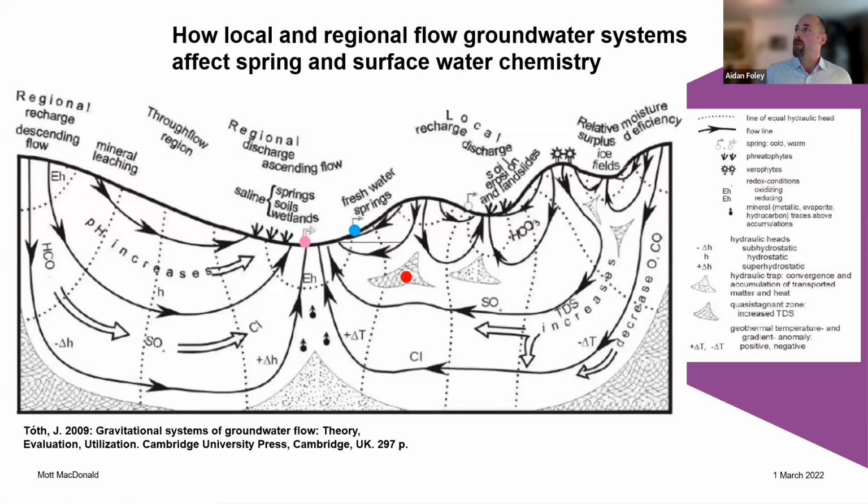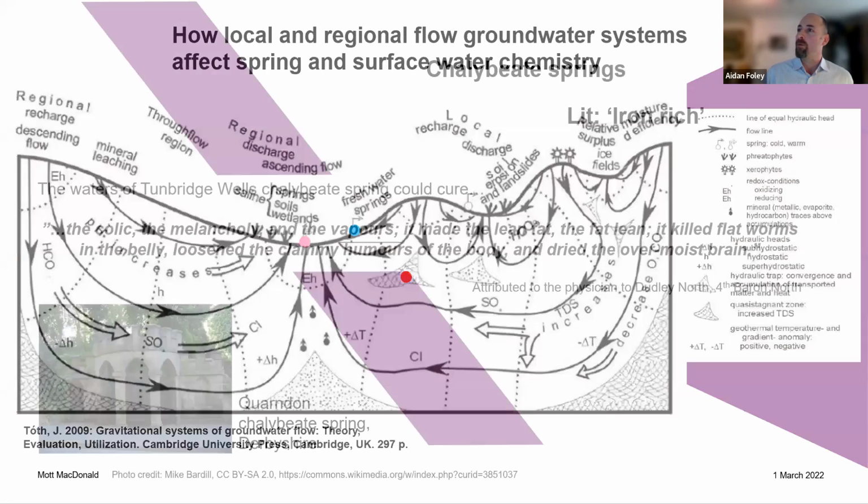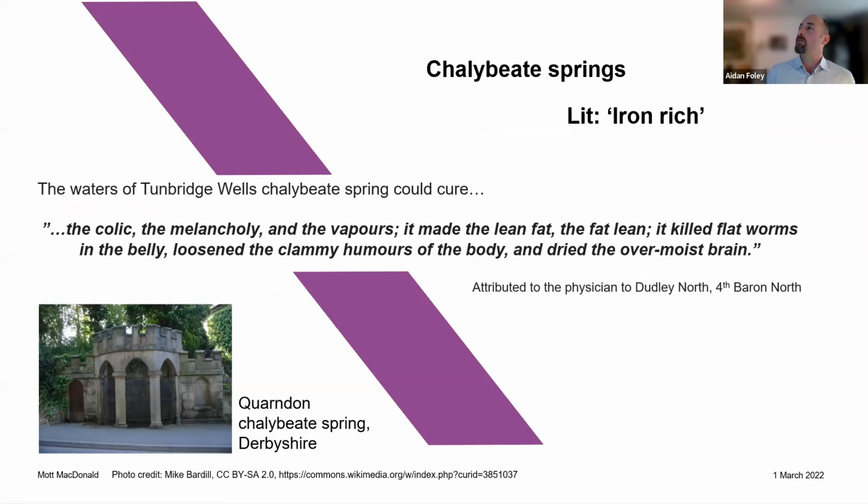I mentioned in the abstracts of the talk these chalybeate springs, and I've managed to find one of the funniest quotes about chalybeate springs, which is that these waters can cure you of the colic, the melancholy, and the vapours. It may lean the fat lean, killed flatworms in the belly, loosened the clammy humours of the body, and dried the overmoist brain.